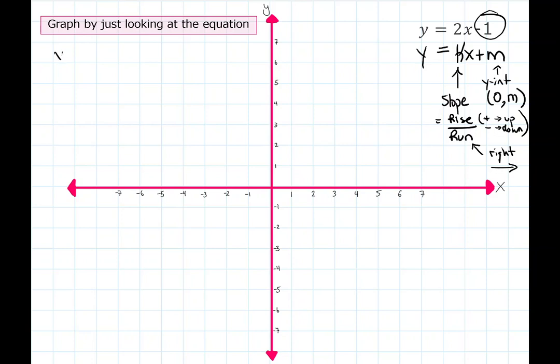The y-intercept, where x is always 0, and our m value, in this case, is going to be (0, -1). Let's locate that on the y-axis. X is 0, y is -1. Here's our y-intercept.